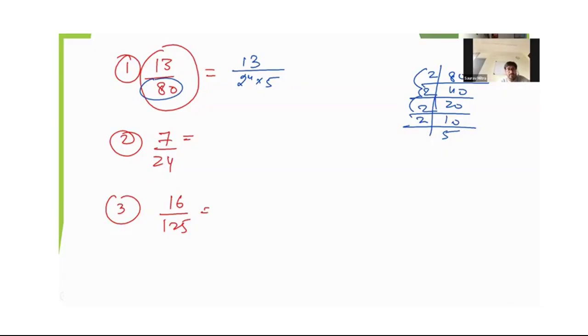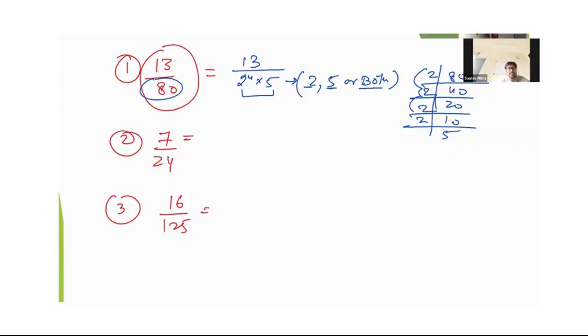If in the denominator the only prime factors are 2, 5 or both, then this type of rational number will have a terminating decimal expansion. Clear? Only 2, 5 or both. Factors other than 2 and 5 are not allowed. If they are there, we will say this will not be a terminating decimal expansion. It will be non-terminating.